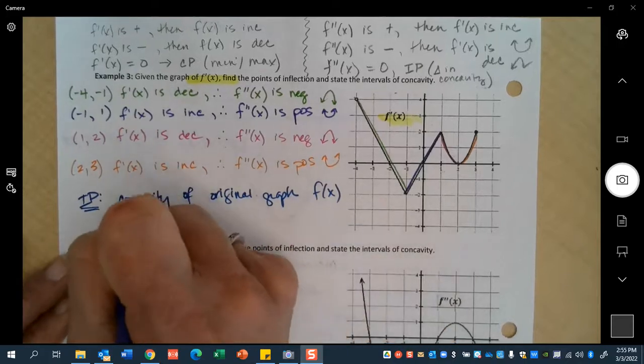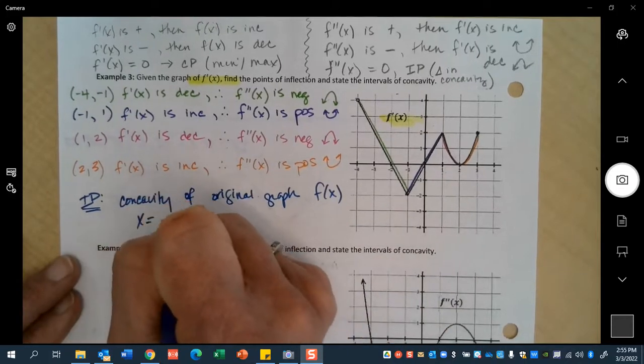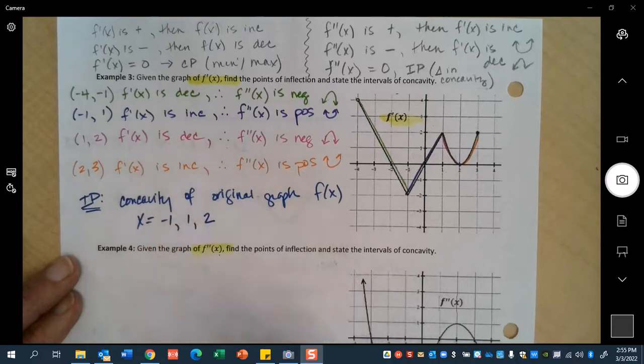So my inflection points are at x is equal to -1, 1, and 2.